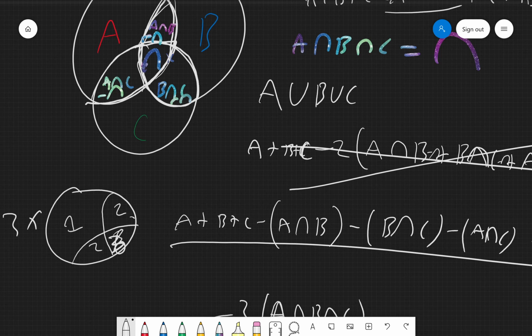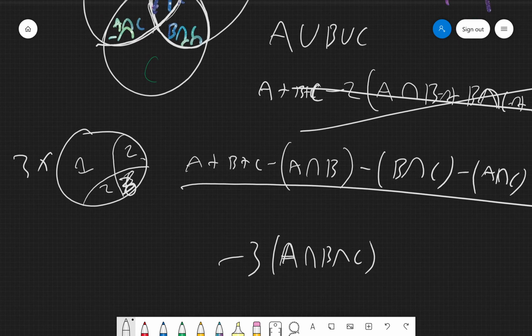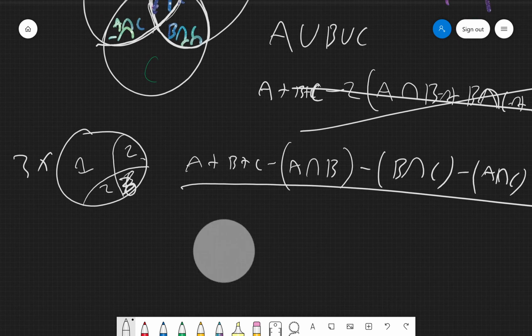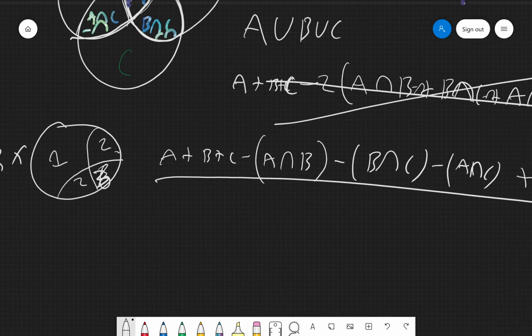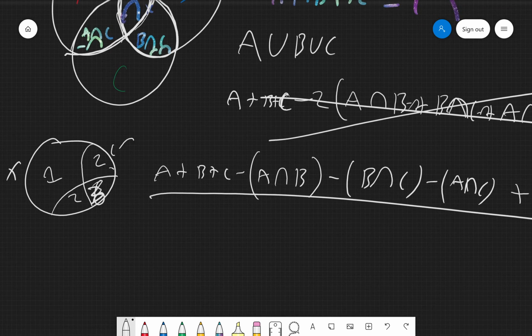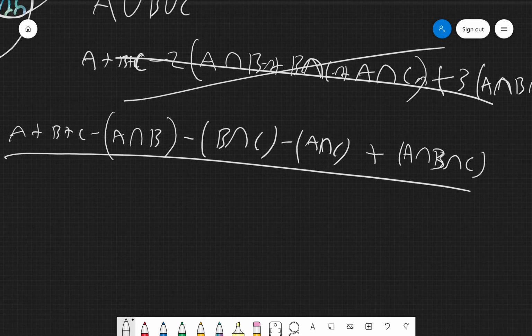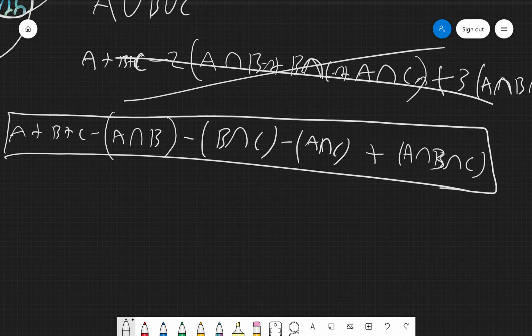I counted them the first time, but then I didn't for some reason. So when we do this, we're including this part, but this would be removing this thing so many times that we need to add it so that it works out. So sorry about the confusion, but this is the formula.